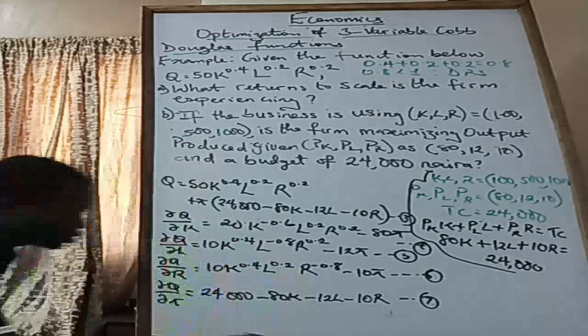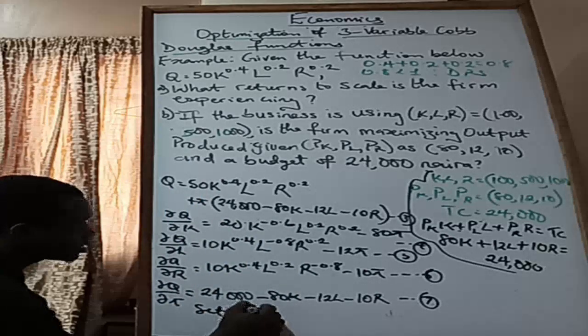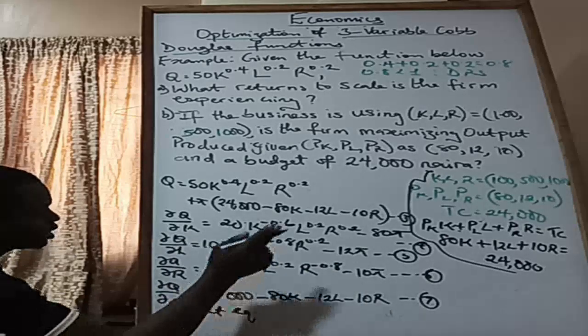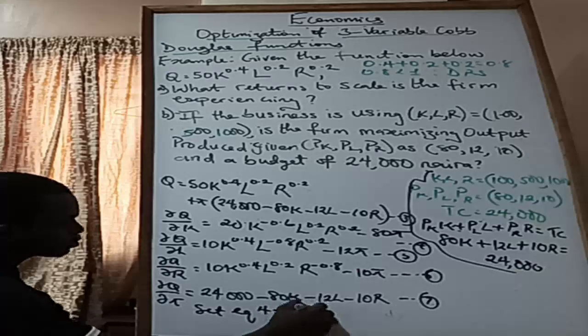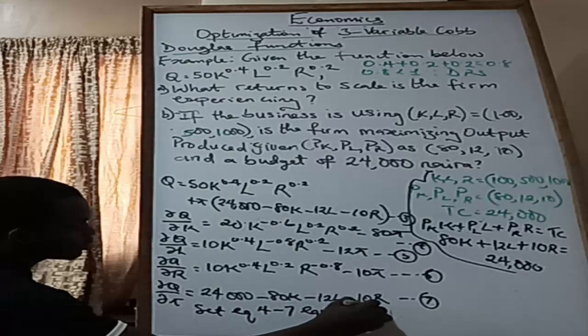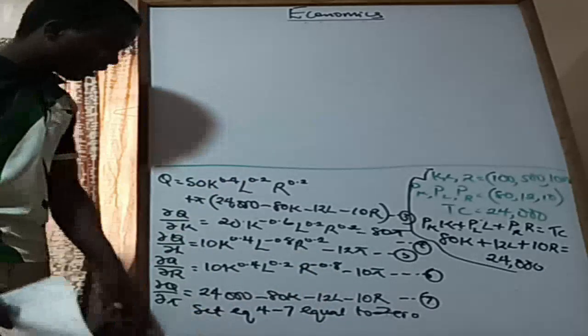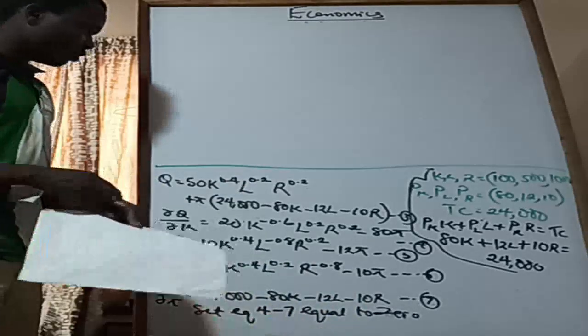So the next thing I'll just do from here is set equations 4 to 7 equal to 0.